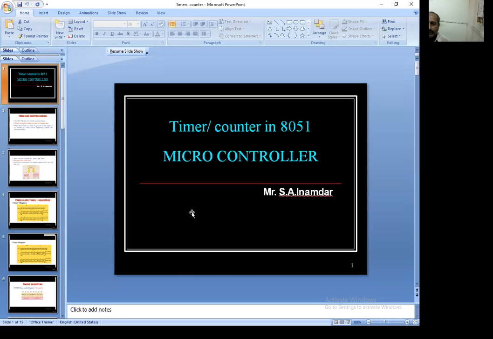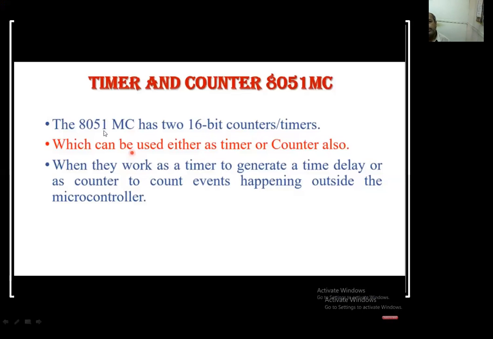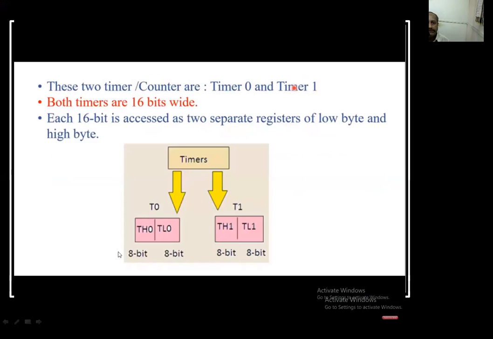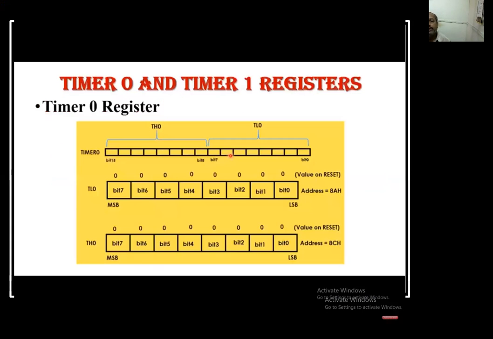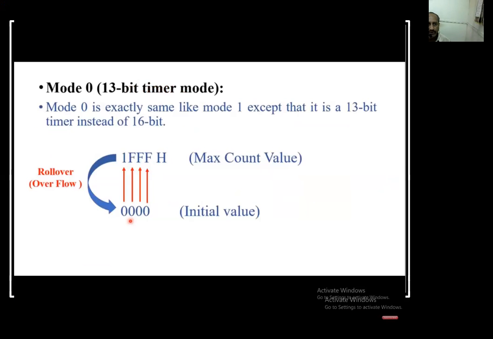So as a revision of the last session, we have gone through the timer and counter in the 8051. It has 2 timers, how it has been bifurcated, which registers are related with timer 0 or timer 1, that is TMOD, all the details, and the modes in which we can design the timer.